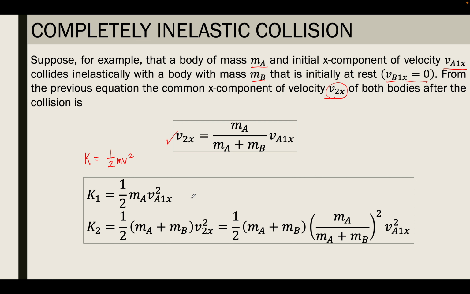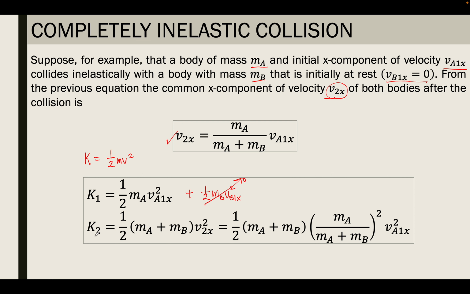Now, we add 1/2 m sub b times vB1x squared, but again, the initial velocity of mass B is 0, so this one becomes 0. That's why the initial kinetic energy of the system is just 1/2 mA times vA1x squared.